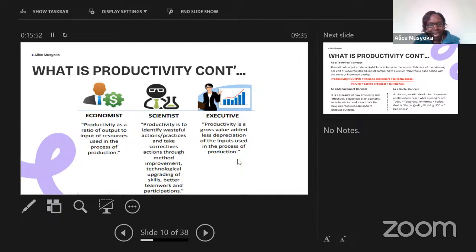That is how a scientist would understand productivity. To an executive, productivity is a gross value added, less depreciation of the inputs used in the process of production.